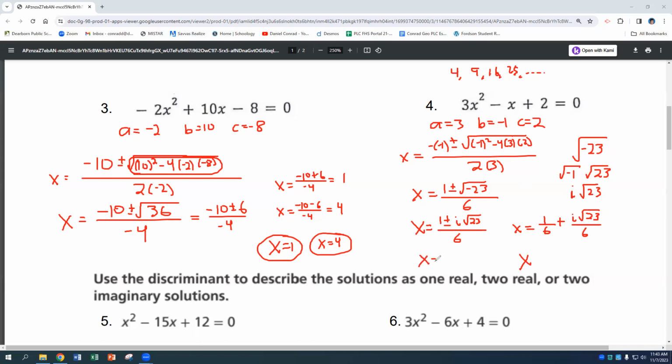It should be x equals 1 over 6 plus or minus i square root of 23 over 6. So you have 1 over 6 plus i square root of 23 over 6, and 1 over 6 minus i square root of 23 over 6. All right, so that's using the quadratic formula.